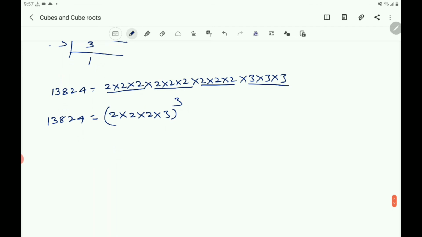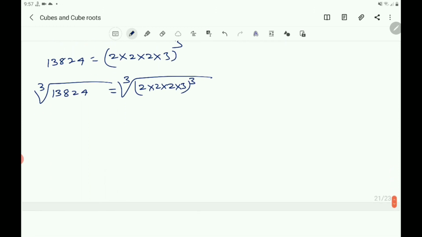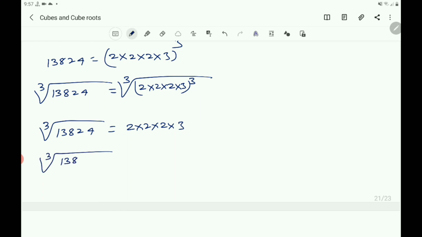Then you write cube root of 13,824 equals cube root of 2 into 2 into 2 into 3 whole cube, by taking cube root on both the sides, and that becomes cube root of 13,824 equals 2 into 2 into 2 into 3. What is the product of this? 2 2s are 4, 4 2s are 8, 8 3s are 24. That is done already. Once again here we got the same.